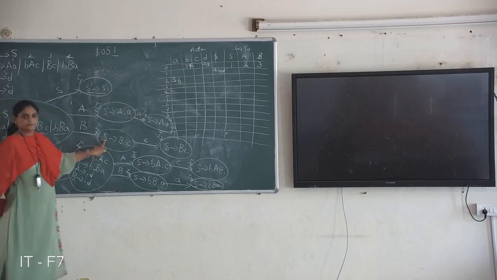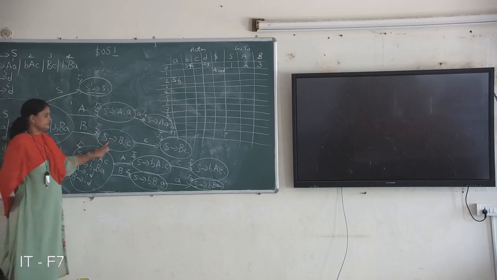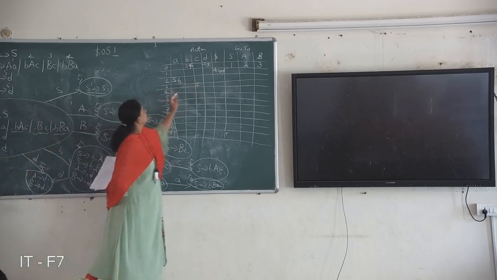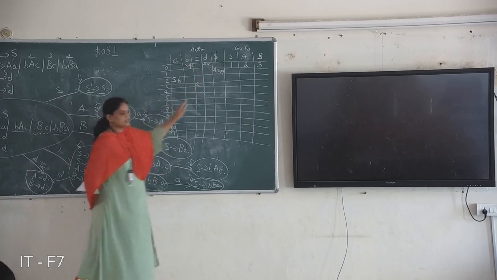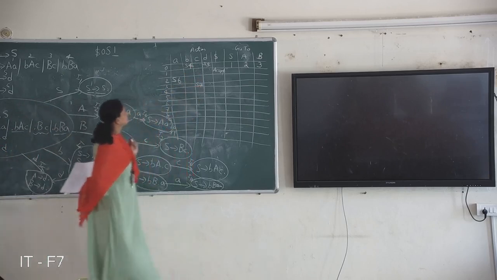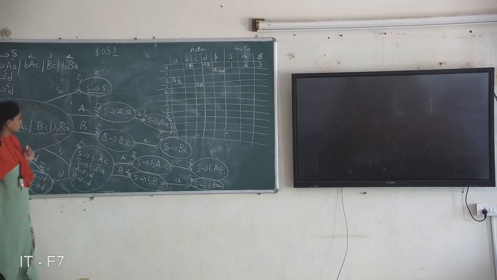Next I3. This is the I3 state. You are applying c and you perform shift action on c, and it goes to state 7, S7. Next I4.